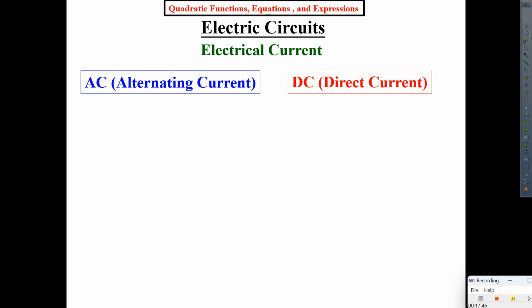So, for example, alternating current, pay attention to this one. If you go to an outlet, do you ever think about which way you plug in your charger? Some of you do, some of you don't. Some of you just plug it in whichever way it fits. That's why it's called alternating current, because if you plug it in one way or the other, it alternates.